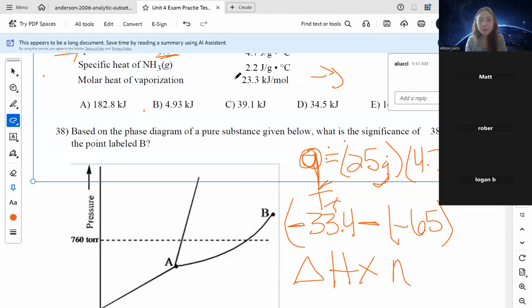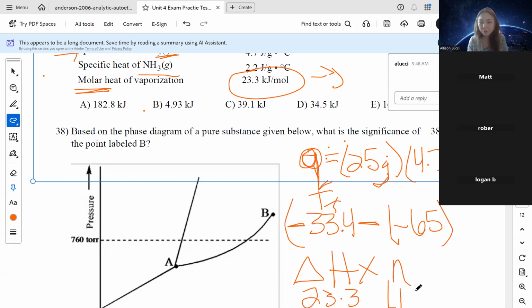So I have 23.3 as my molar heat of vaporization. That implies 23.3 kilojoules per mole. I would multiply that 23.3 times however many moles I have, which would be 25 grams divided by the molar mass of ammonia, 17.